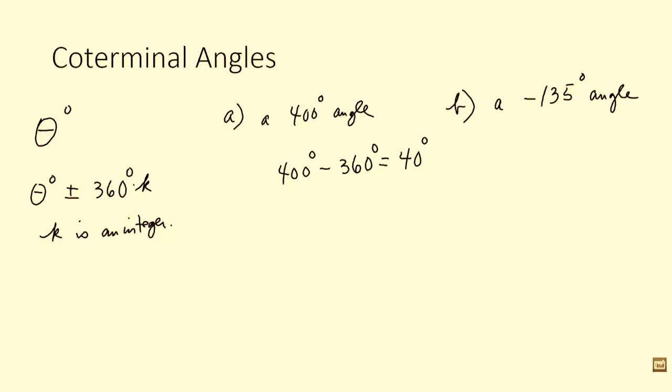So we have a negative 135 degrees, and in this case, we want a positive angle, so we're going to add 360 degrees. If we do the math, we get 225 degrees. So an angle that measures 225 degrees is considered to be coterminal with an angle that measures negative 135 degrees.